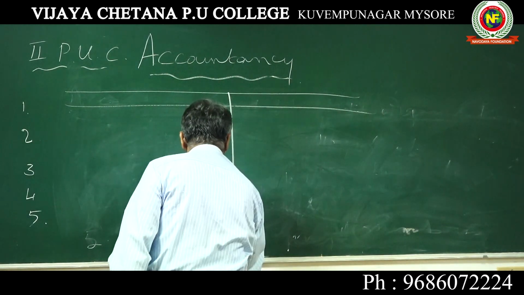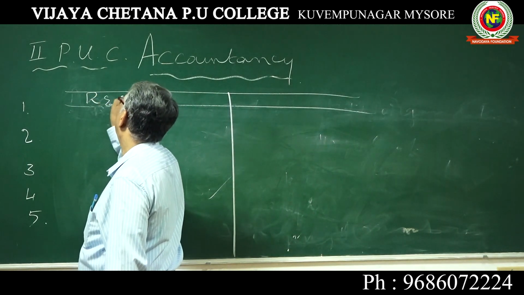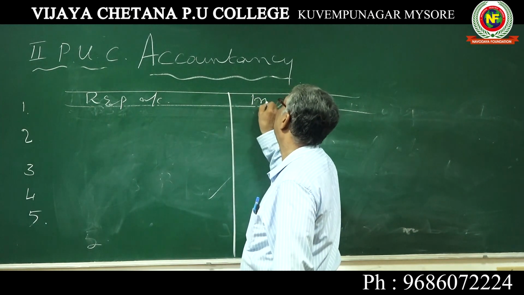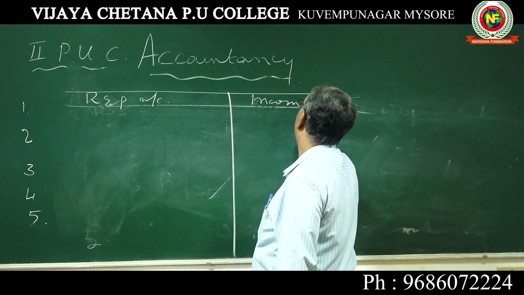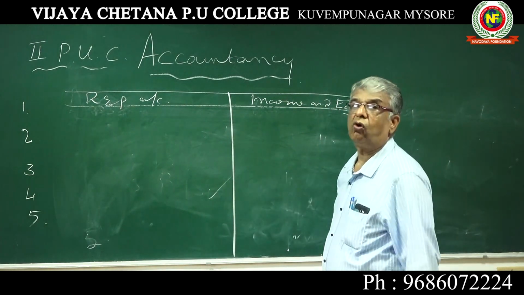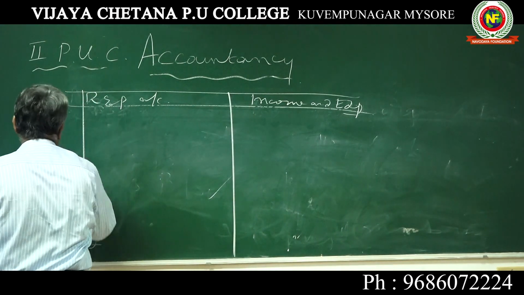So let us see the differences. This is the receipts and payments account, and this is the income and expenditure account.